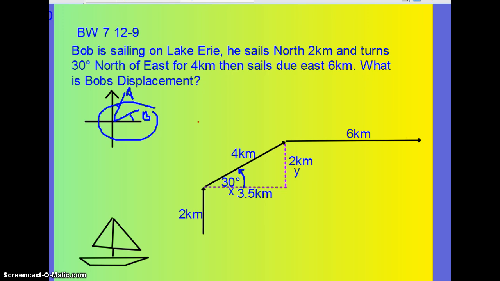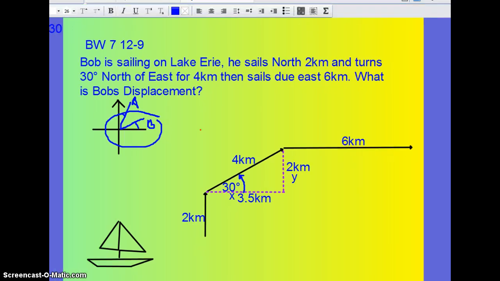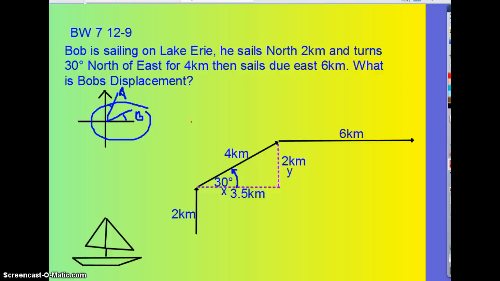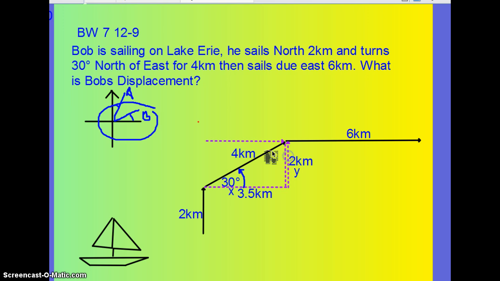You might be thinking in your head, why does this matter? It matters because those distances will allow us to finish it off. So really, that 2 kilometers is the same as this 2 kilometers, and that 3.5 kilometers is the same as that 3.5 kilometers. Remember, we can move vectors around as necessary.